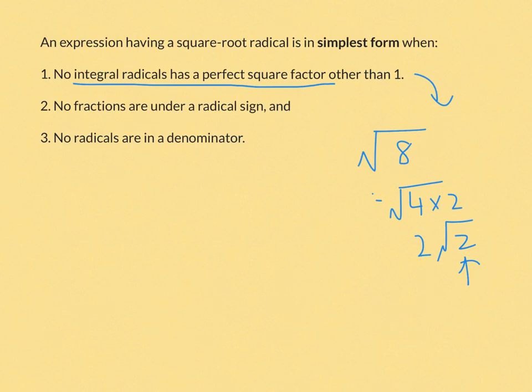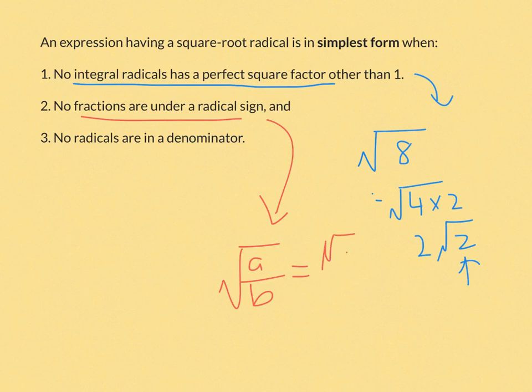Number 2, no fractions are under a radical sign. So if you have, for example, square root of a divided by b, make sure you break it up using the quotient property of radicals so that you can simplify all the radical expressions in the numerator and in the denominator.